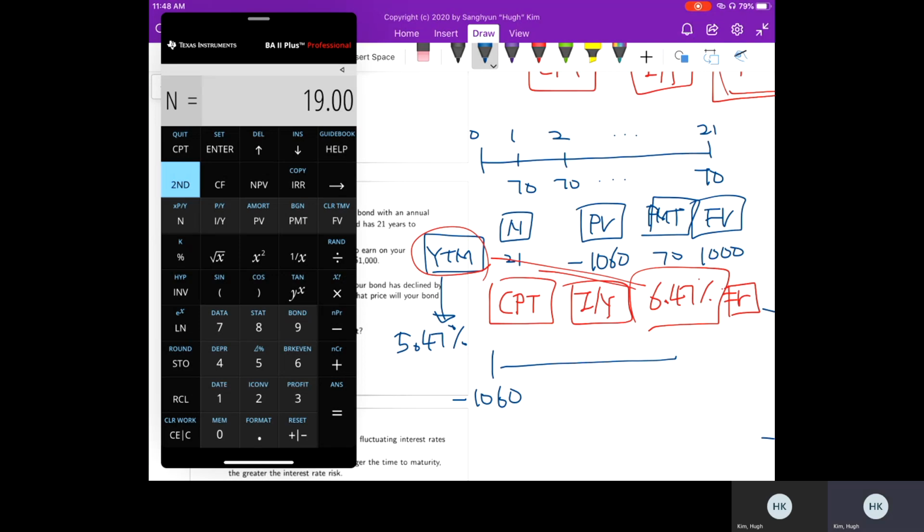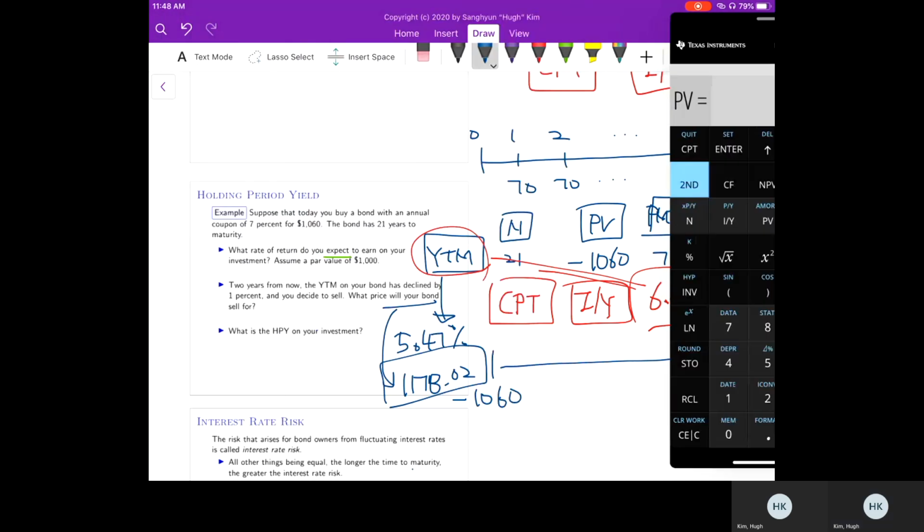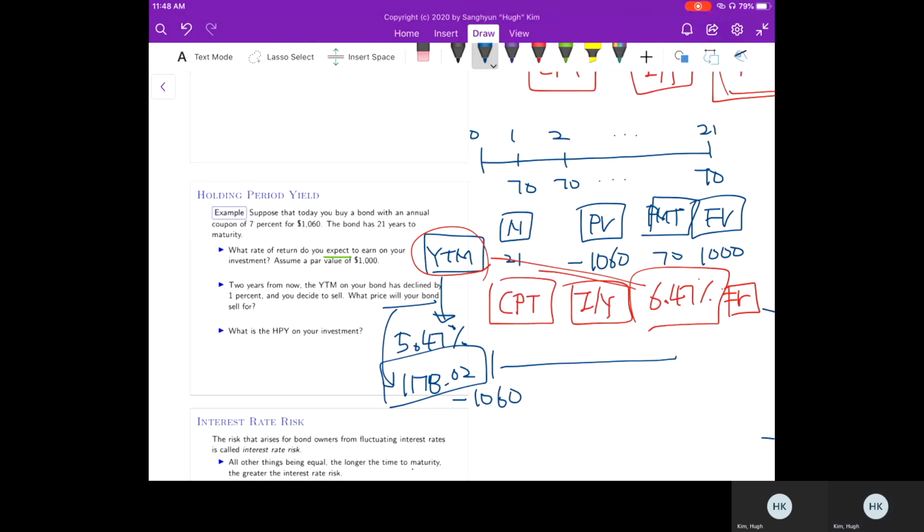Yield to maturity is now 5.47%. So if I compute present value, then I'll get $1,178.02. As you can see here, the bond price has increased considerably.